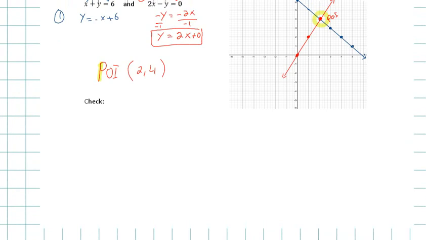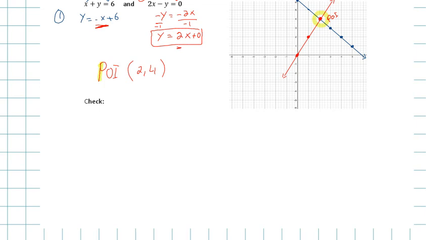Just in case you made a mistake, then you will catch your mistake. You will understand that you have made a mistake, right? So instead of plugging in the 2 and 4 in here, we're going to plug them into our originals. Is that clear? Okay.